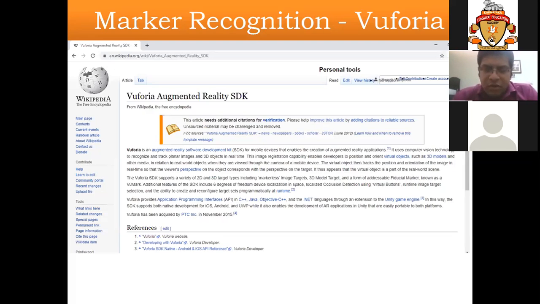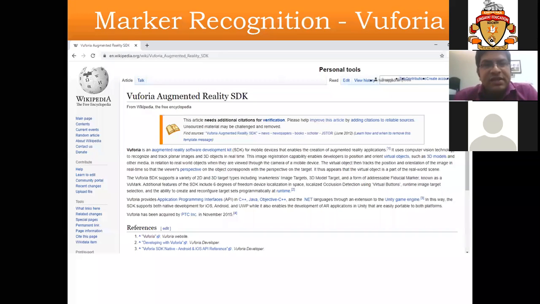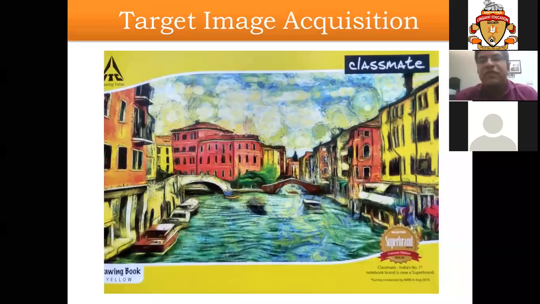Whenever we are using this AR application, obviously there will be a computer vision algorithm running behind it. So an image processing and computer vision algorithm would be running to detect the particular marker. If I'm using this target image, I have to train the computer vision algorithm about the particular image.